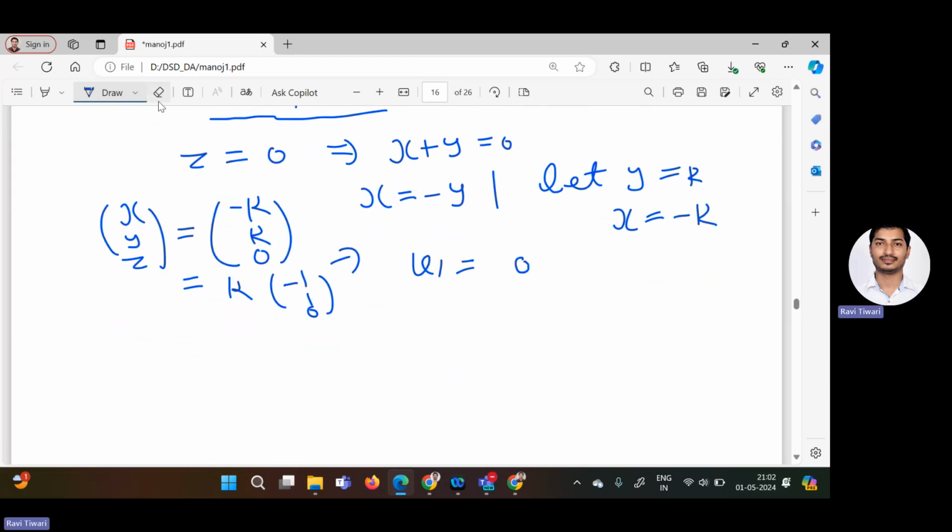So if you calculate the inner product of V1 with this obtained basis, V1 is given 1, 1 and 0. If you calculate the inner product of these two, what do you get? Minus 1 into 1, minus 1 plus 1. So always you will get the inner product of the obtained basis of S complement with V1 and V2 to be 0. This must be 0. Then we can say our answer is correct.